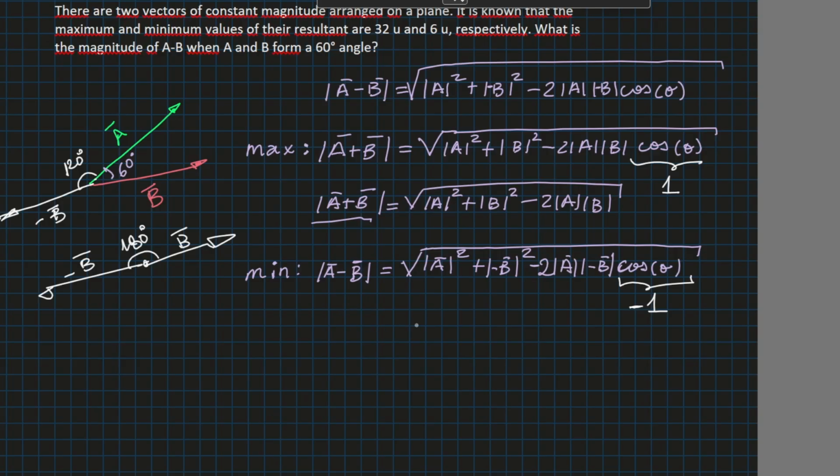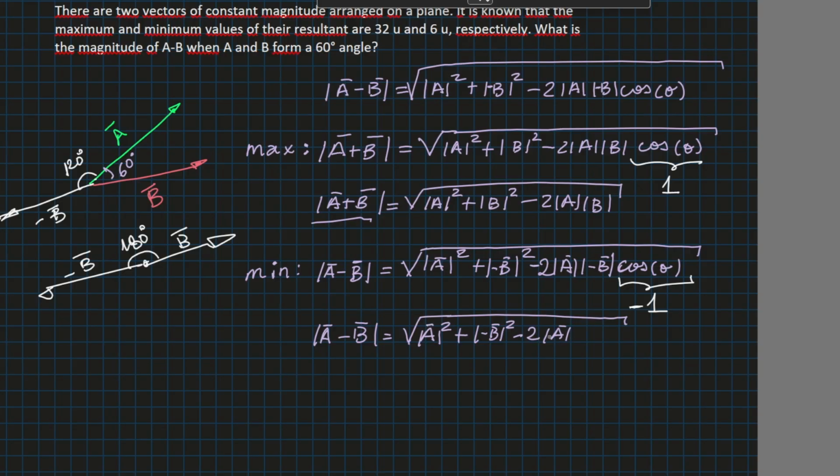So the resultant will be A minus B equals the magnitude of A minus the magnitude of minus B minus 2 times the magnitude of the vector A. Remember, these are vectors.